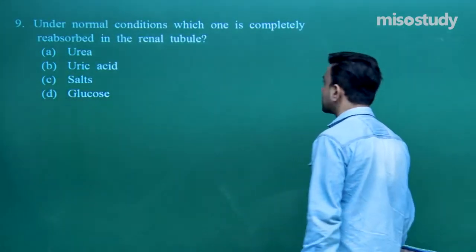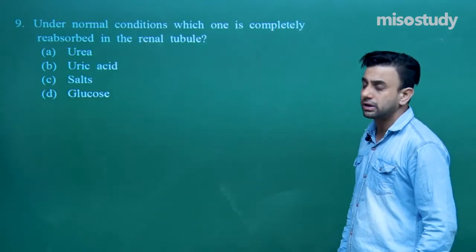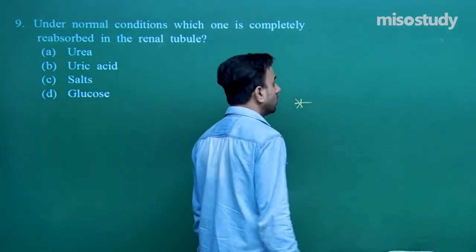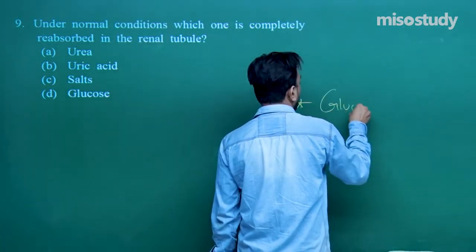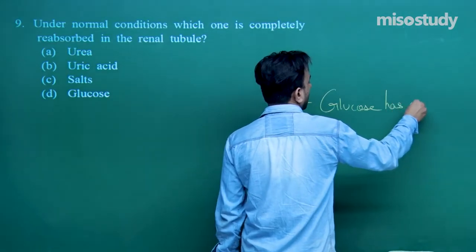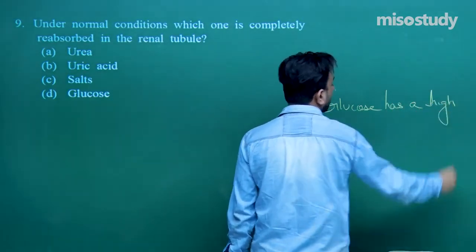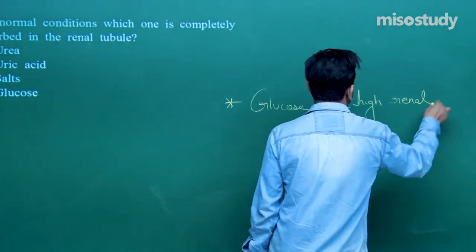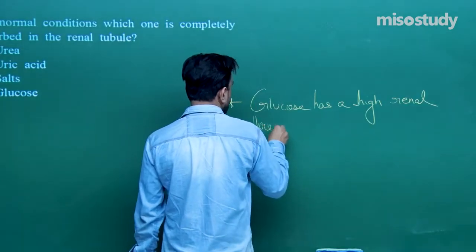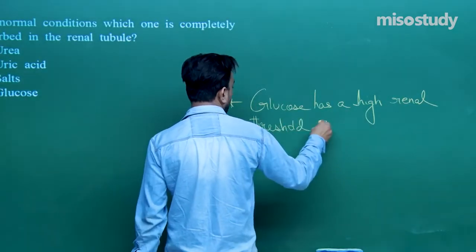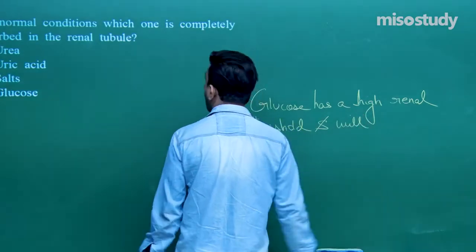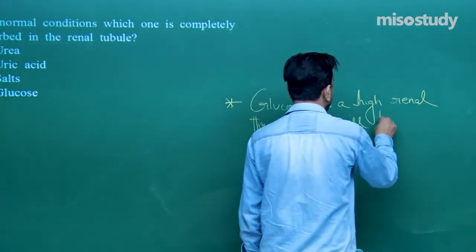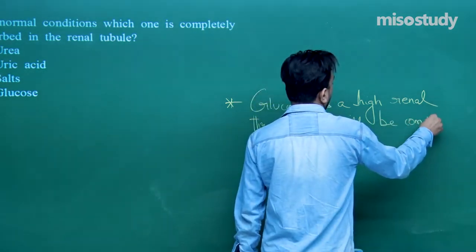Under the normal conditions, which one is completely reabsorbed in the renal tubule? So what we see, glucose has a high renal threshold, and will be completely reabsorbed in the renal tubule.